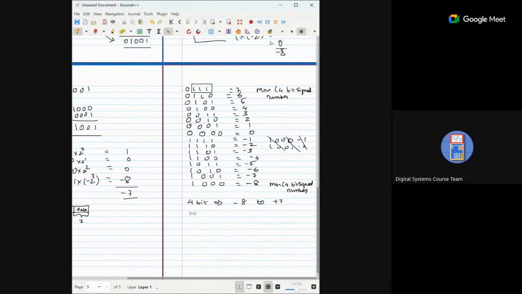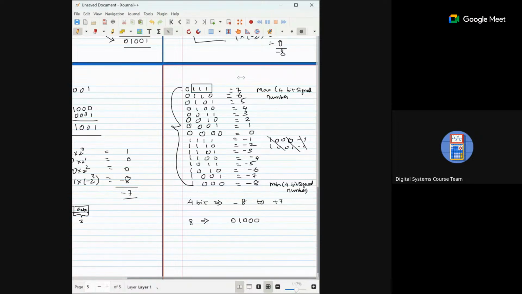If I want to represent plus 8 in 2's complement representation, what value should I put, and in how many bits? It is 01000. I have to use 5 bits because for 4-bit cases, these are the set of numbers.